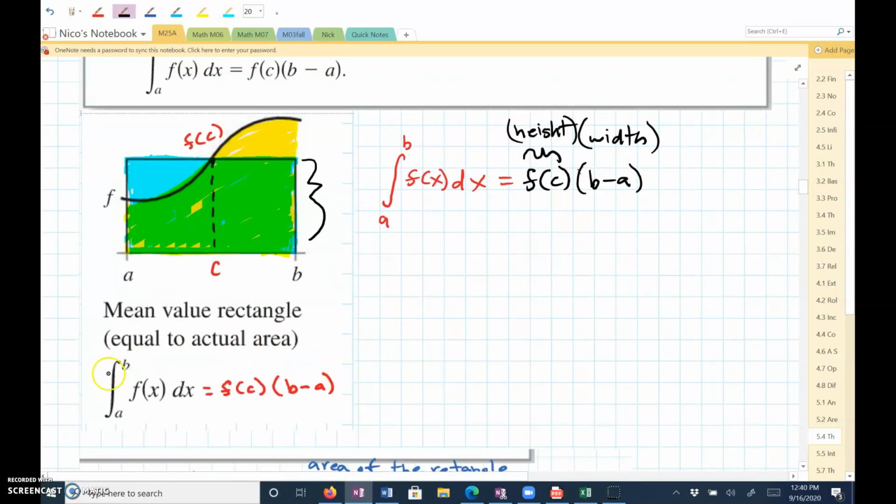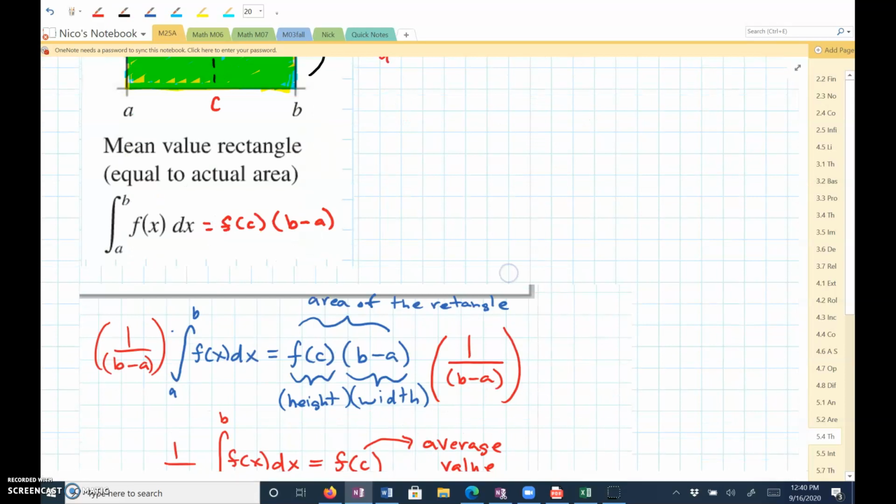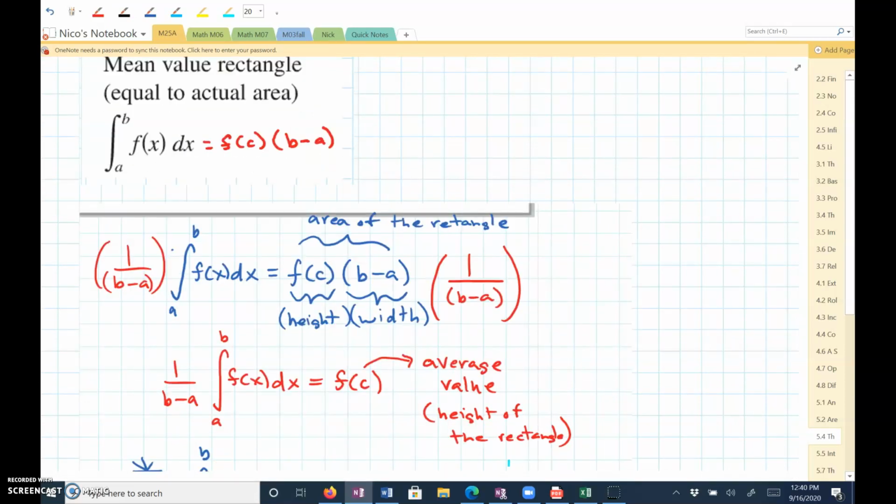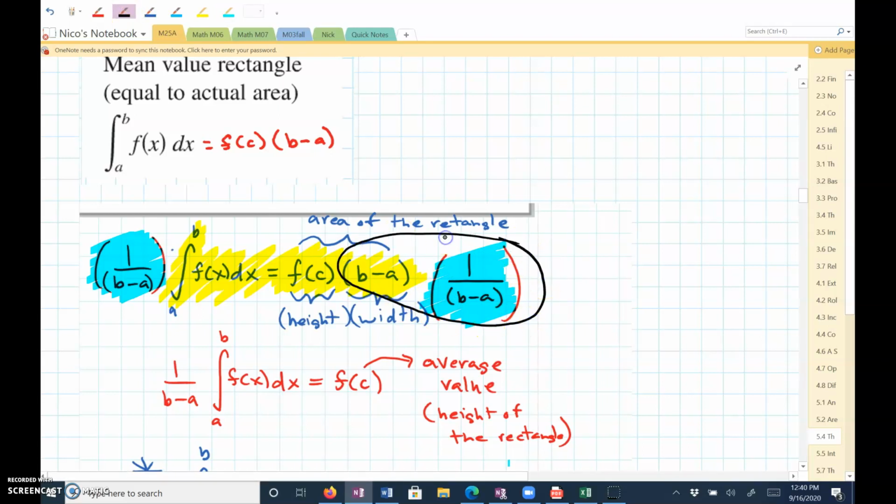So we just went through this, what I'm highlighting here. That is the mean value theorem. Now, if I multiply both sides by 1 over b minus a, hopefully you can see that's going to be equal to 1.